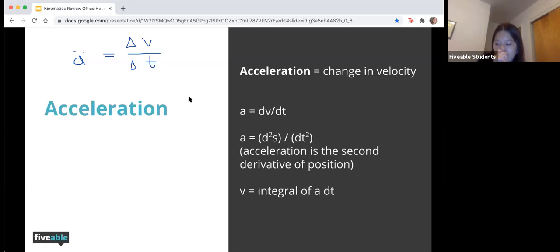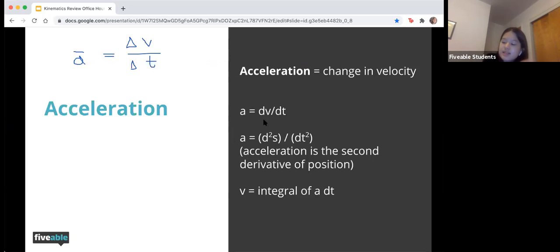You can see a similarity between instantaneous and average: we just swap the delta for a d, to represent derivative. If you forget whether a is dx or dv, just remember the average definition, swap the deltas for d's, and there you go. You've got your calculus stuff.